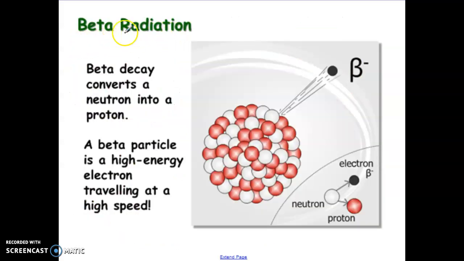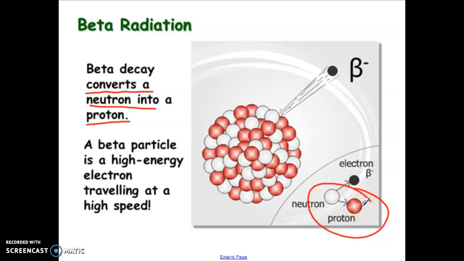So let's look a little bit more in detail. Beta radiation or beta decay, what's happening to the nucleus is it's converting a neutron into a proton. So an electron leaves this atom, and here's our beta symbol, and when this electron leaves, one neutron becomes a proton.